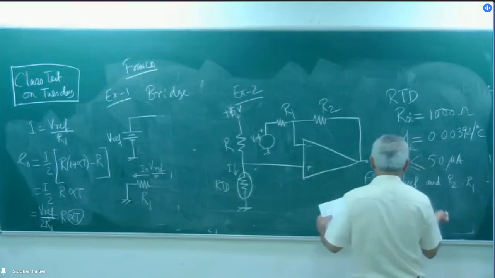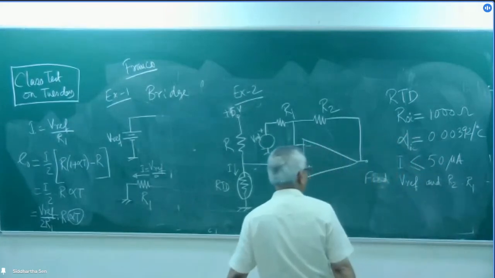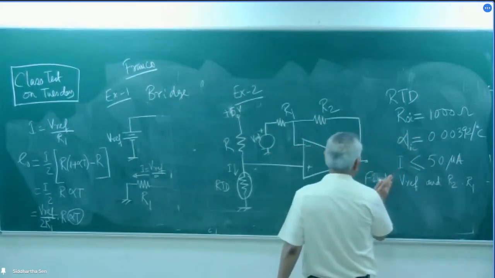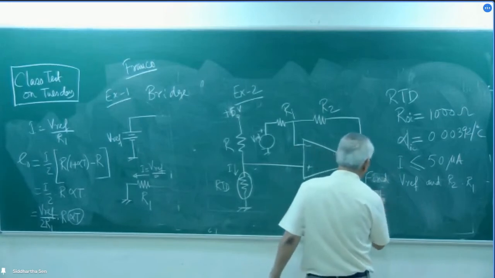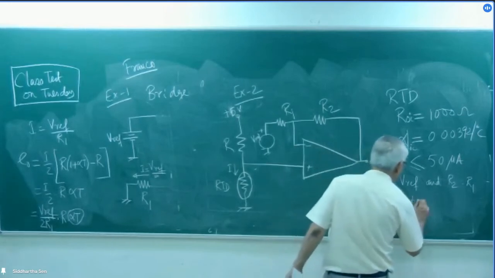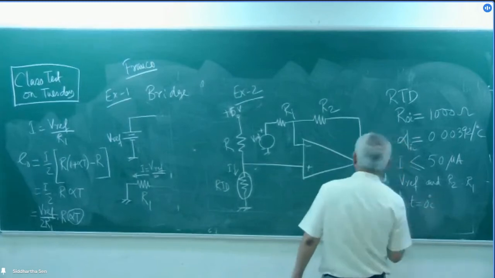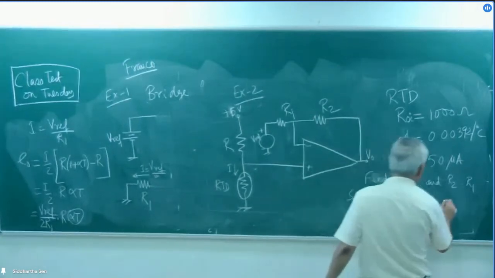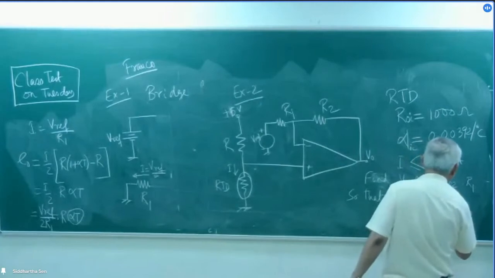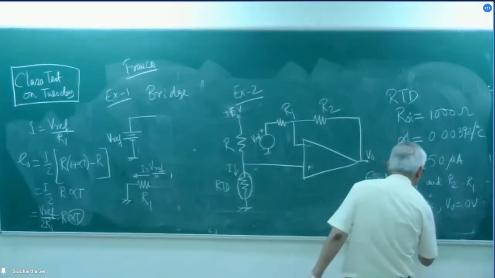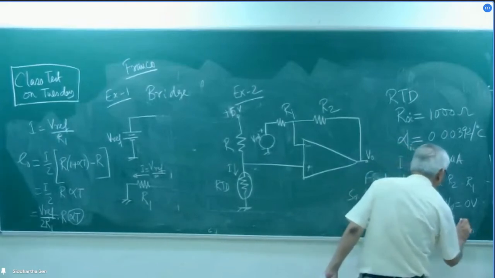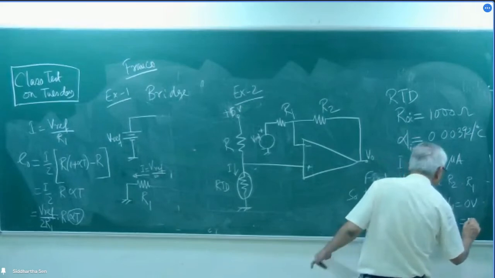That means it is a design problem, so that at T equal to 0 degrees Celsius, V0 is equal to 0 volt, and at T equal to 50 degrees Celsius, V0 is equal to 2.0 volts.